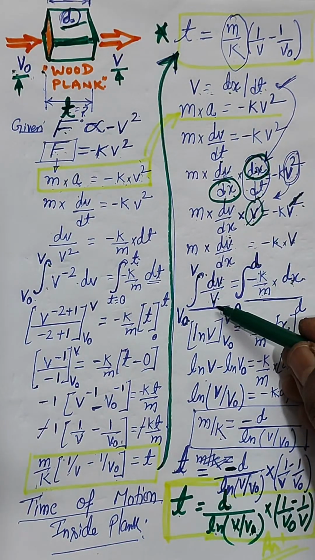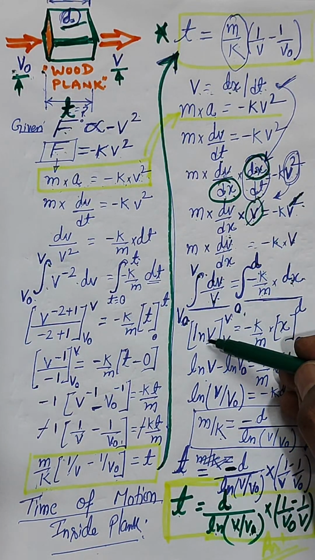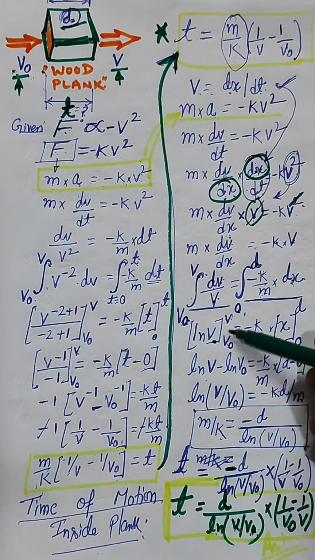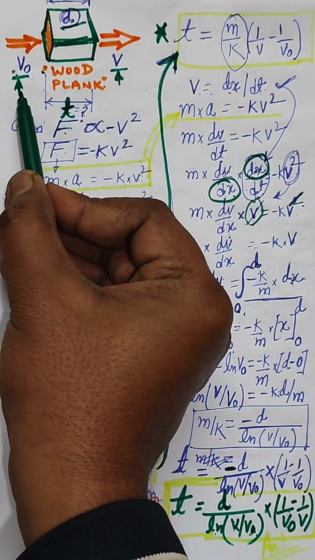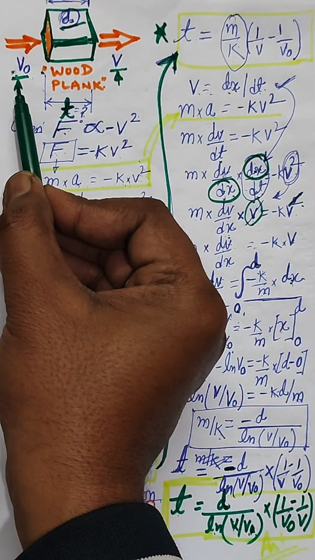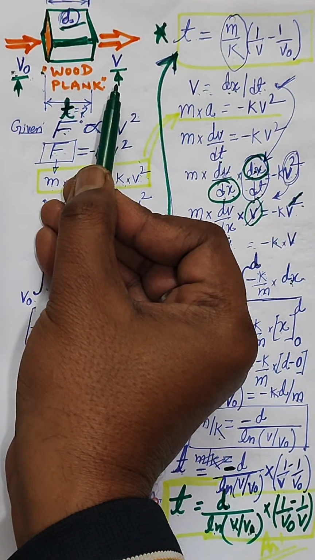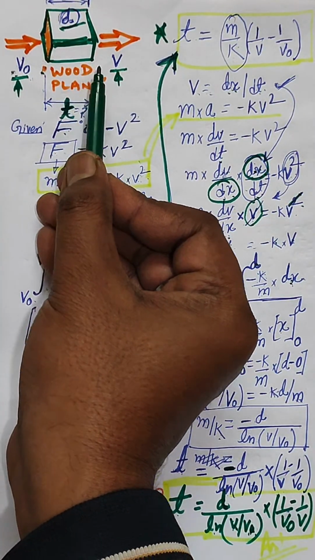Now the integration of 1 by v is ln of v, and what is the value of v varying from what to what? This varies from v0 to v, because v0 is the velocity of the bullet during entry, and v is the velocity of the bullet during exit from the plank, right?